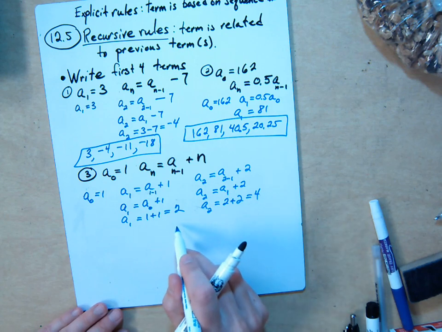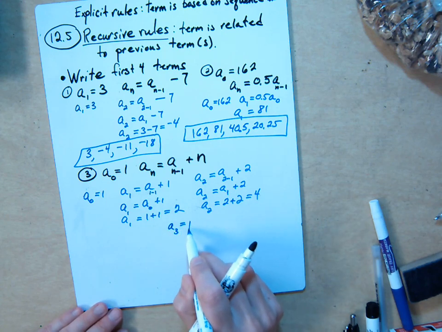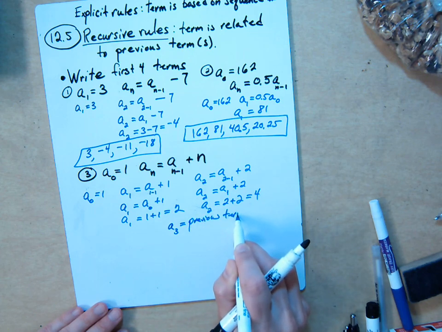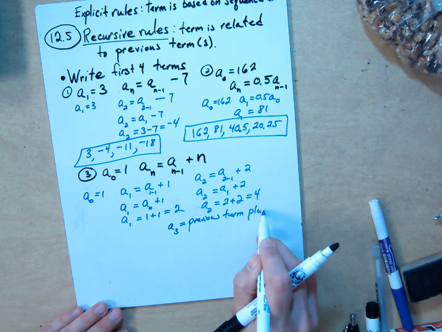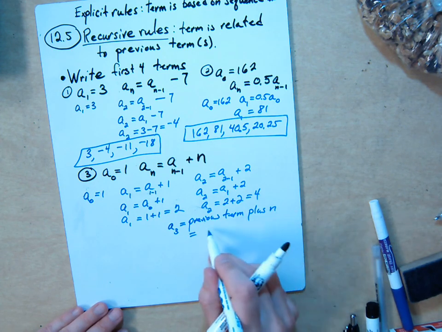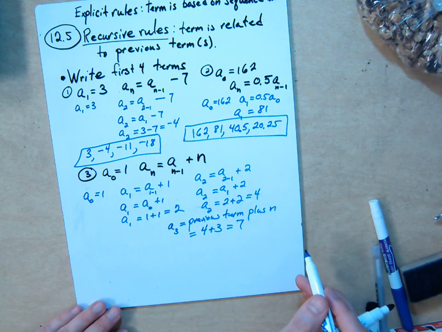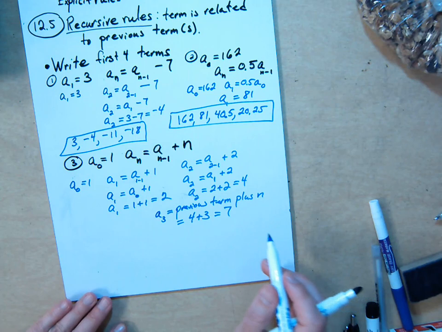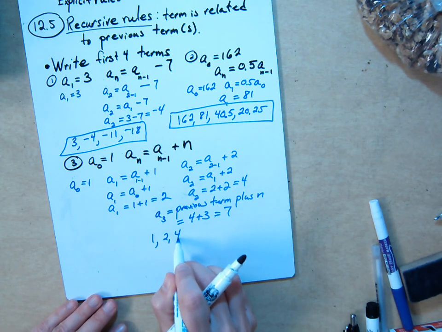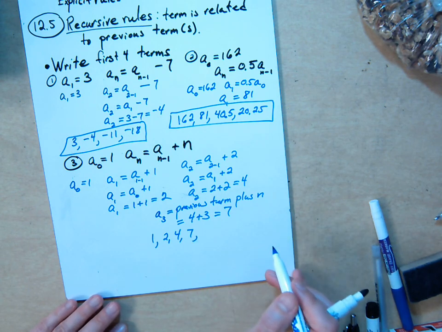So the third term, a sub 3 equals, in words, sometimes it's helpful to write it out in words, previous term plus n. So previous term 4 plus n is 3, so that's 7 is how it unfolds. So let's see if we can get the last one. 1, 2, 4, 7. I guess we could stop there, but let's just be even better than that.